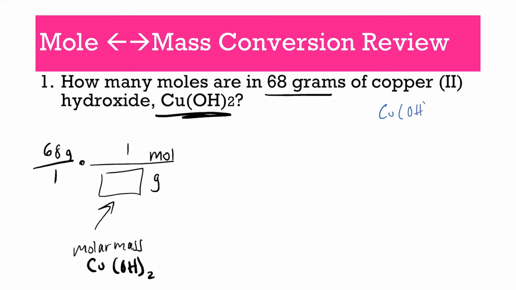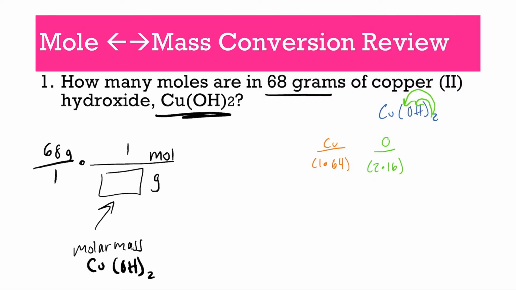We have Cu(OH)2. For copper, we have 1 of them, and if you look at the periodic table, the mass for copper is 64. Then if we look at oxygen, remember this 2 goes to both O and H, so we have 2 O's. O is 16, according to the periodic table.